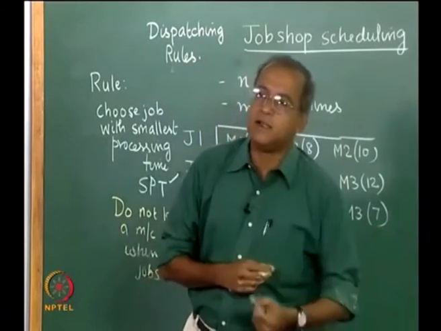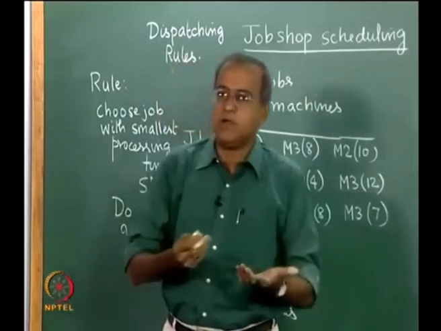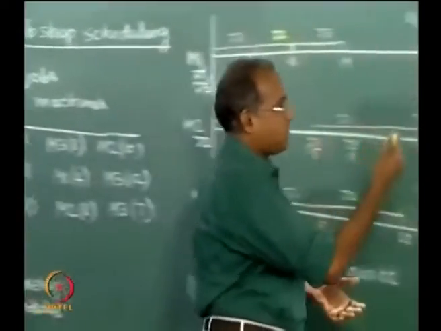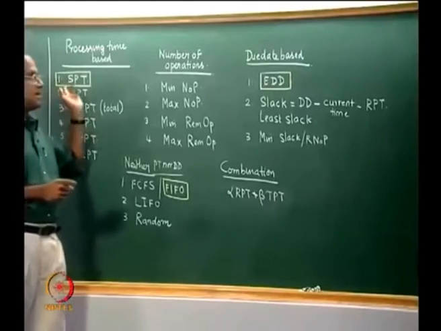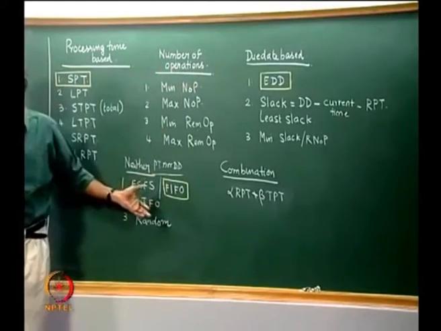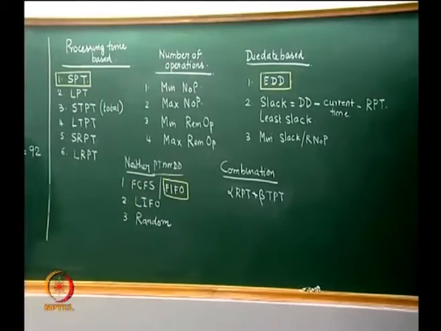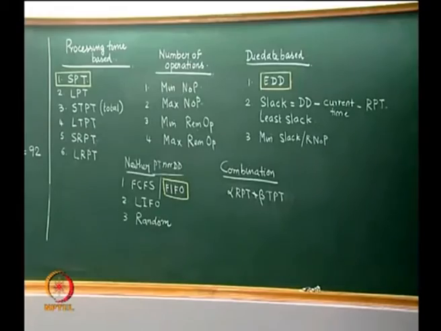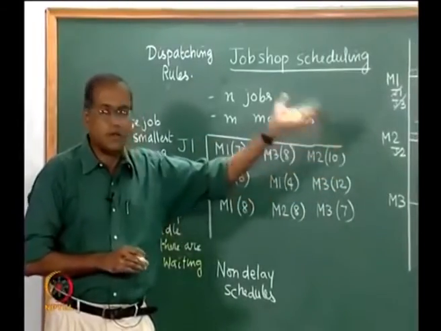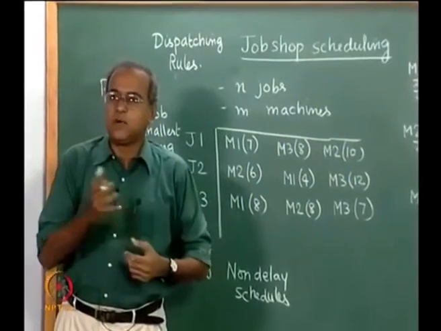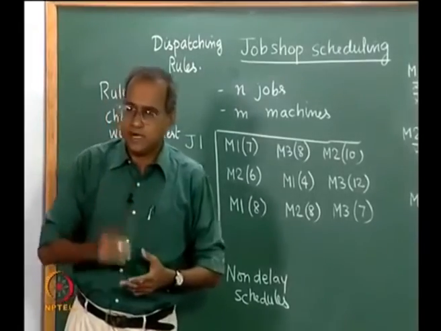But if on the other hand the organization is comfortable with simpler and well known dispatching rules like SPT or EDD or FIFO, which are more commonsensical, then the organization could use such rules and try to schedule the jobs in the job shop.